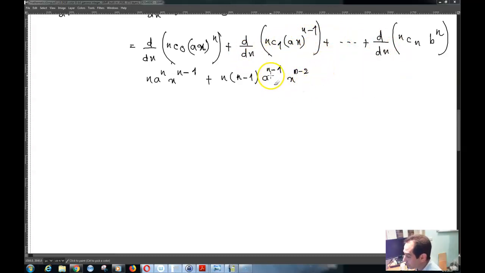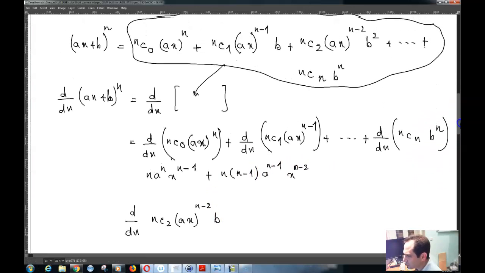So for example, the next term over here would be d by dx of the term after this, d by dx of, for example, n combination 2 a x raised to the power n minus 2 and b raised to the power, for example, well, there's supposed to be a b over here as well.